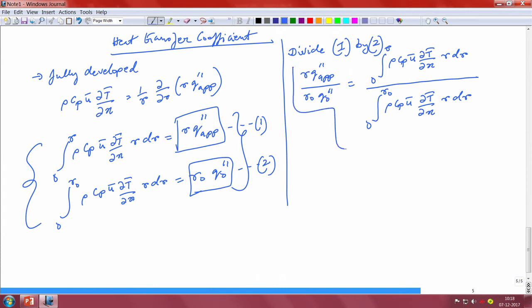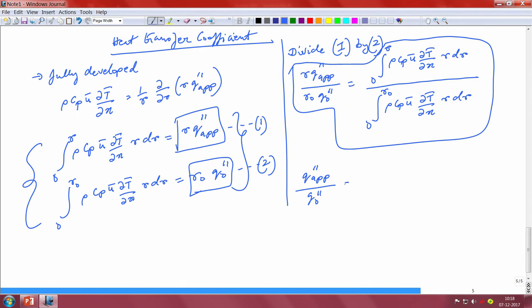So, this is the two divisions that we have done. So, now q apparent double prime divided by q naught double prime is equal to r naught by r times the integral from 0 to r of u bar dT bar by dx r dr over the integral from 0 to r naught. So, this is just a basic division that we are doing.